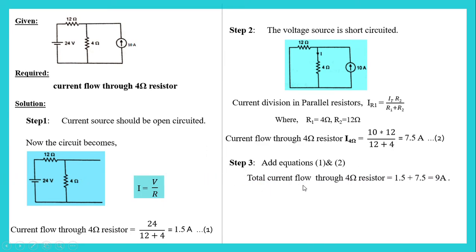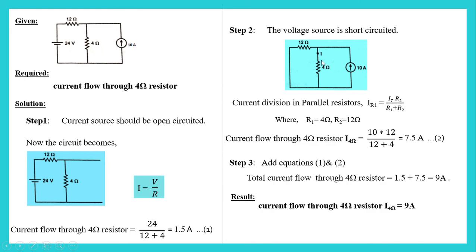Now the total current flow through 4 ohm resistor is equal to 1.5 plus 7.5, which is equal to 9 amps. Let us take the result: the current flow through 4 ohm resistor is equal to 9 amps. Dear students, in step 1, we considered the 24 volt source alone and the current source was made inactive.